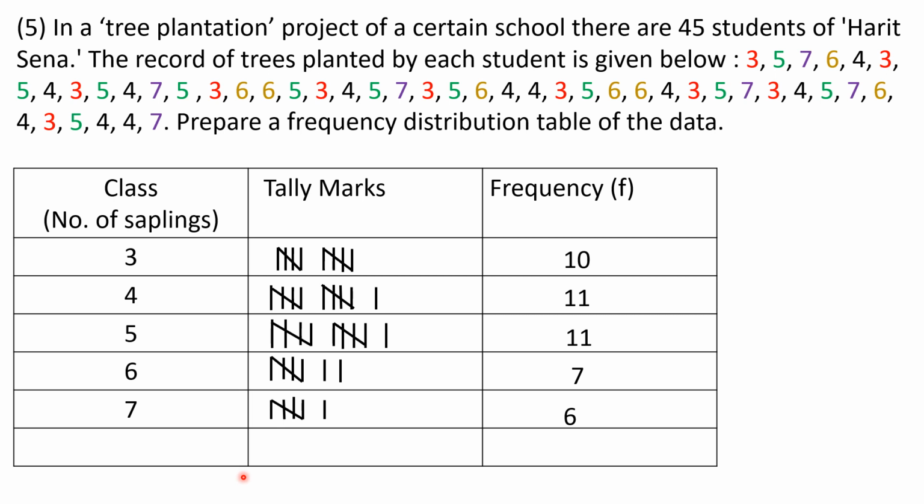Now student, you have to add the total sum of these frequencies also, and it should be 45. So n equal to sigma f equal to 45, the sum of all frequencies. Sigma is the symbol to denote this. Okay, now student, moving to the next question.